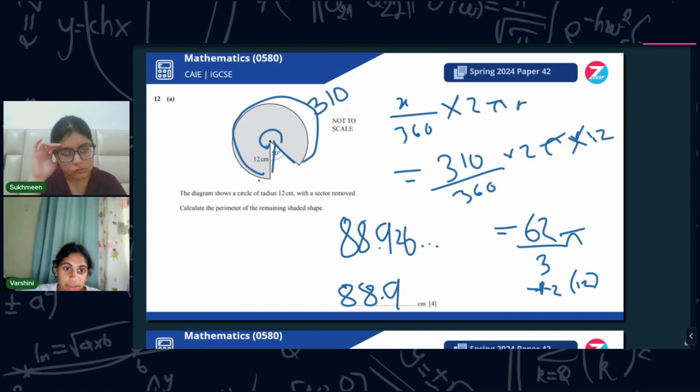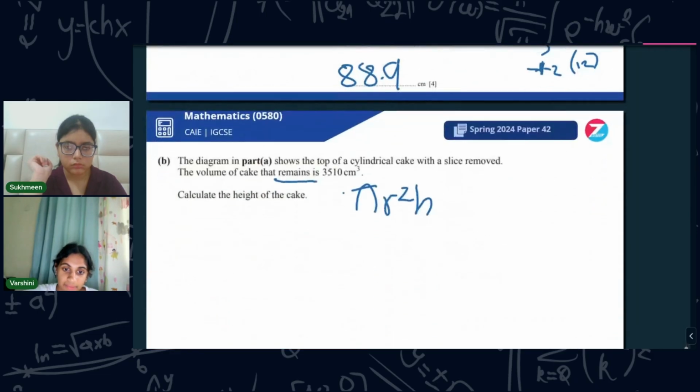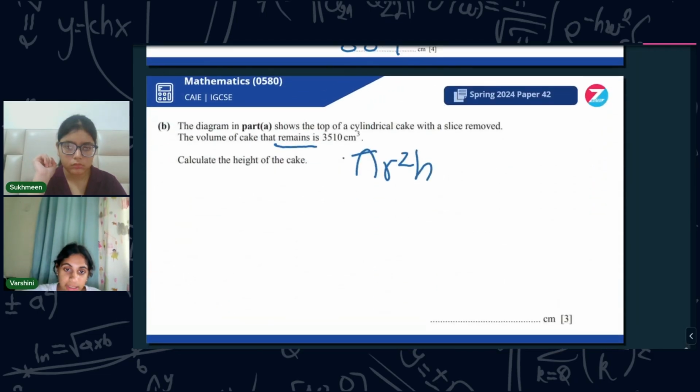So to calculate the volume, we need to multiply whatever we have by the angle. So instead of 1 into pi r squared h, it's going to be the amount that we have, which is 310 by 360 into pi r squared h. So that's the volume remaining.